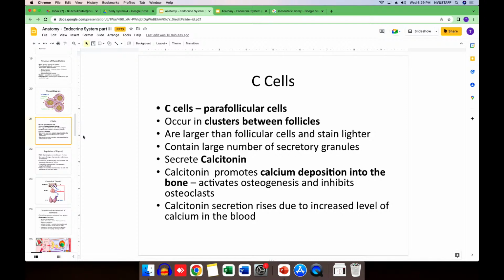What's osteogenesis and what's osteoclasts? Okay, correct. Yeah, so that was correct.